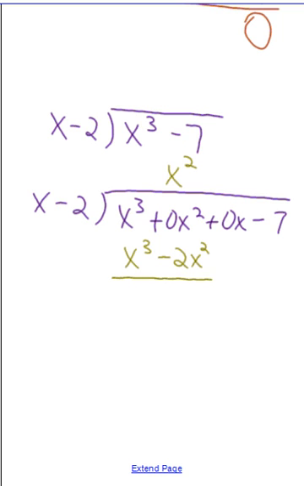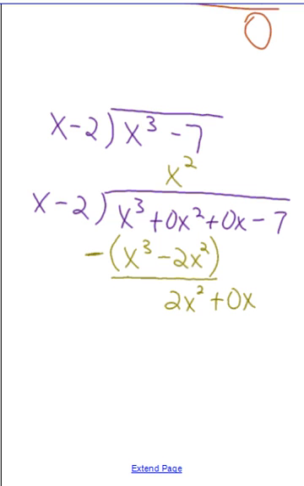If I multiply x squared by the x, remember I'm distributing, it will be x cubed. x squared times -2 is -2x squared. Remember, subtract. 0x squared minus -2x squared is 2x squared. Plus 0x, I have to bring the 0x down.